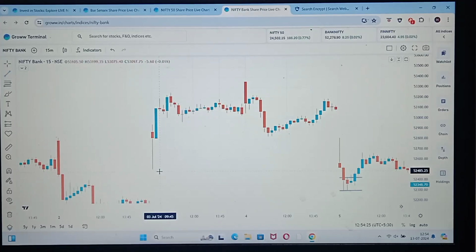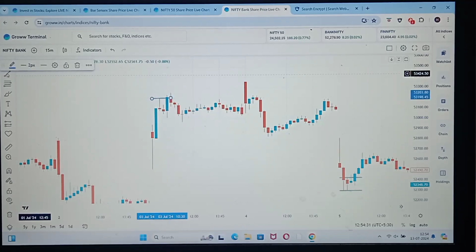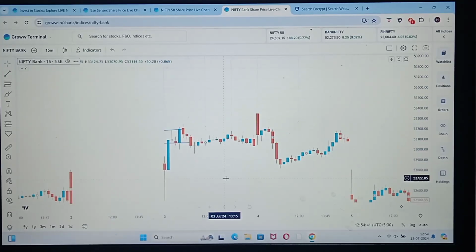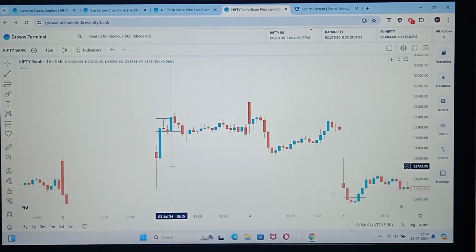Then we'll see 3rd of July and clearly see we're marking the high and low. A small trade we got downside, you can see, but this was a risky trade because it retraced again, gone back. So if you would have taken trade here, 20-30 points you would have got, but this was a risky trade.